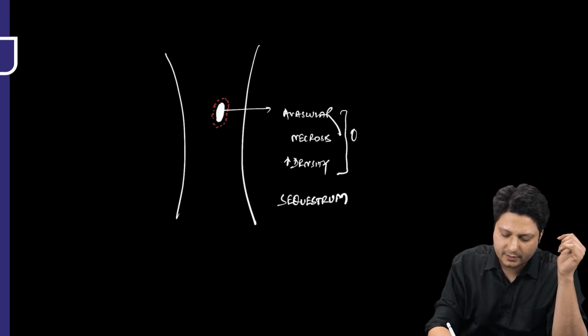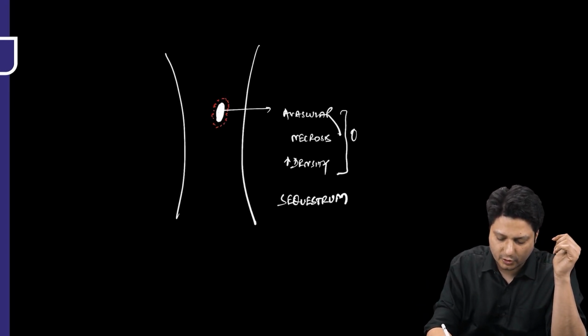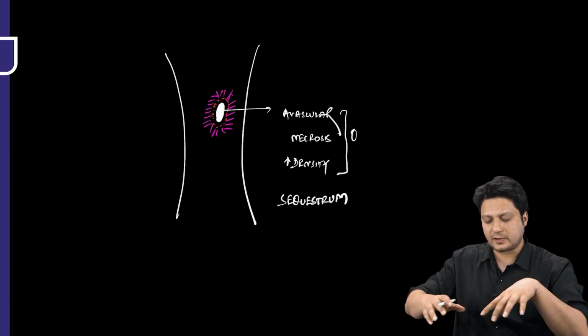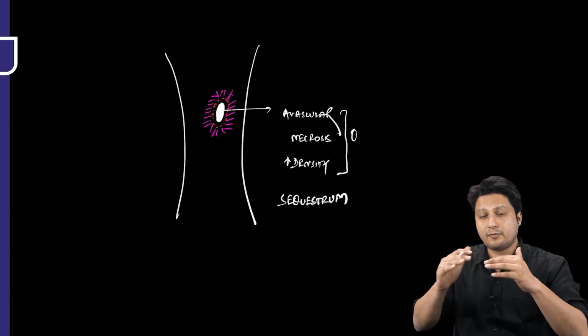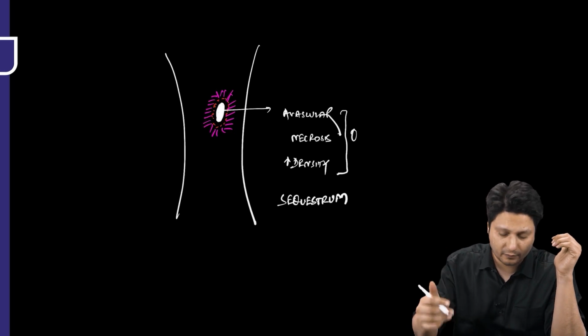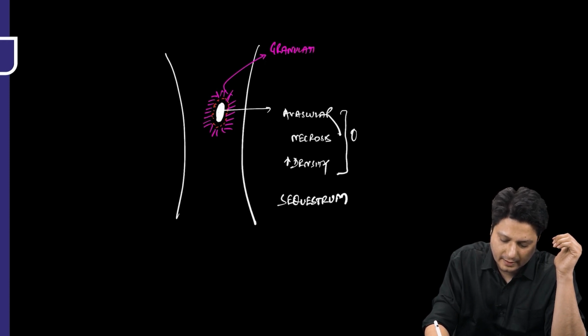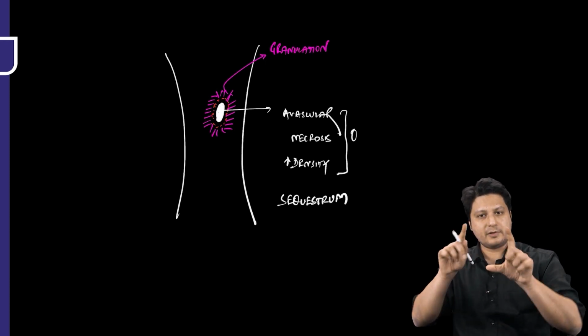The presence of the organism will also invite inflammation. And if the organism is present for a long duration of time, that inflammation is going to be a chronic inflammatory condition. That chronic inflammation will lead to the formation of granulation tissue. So it will be coupled with the granulation.